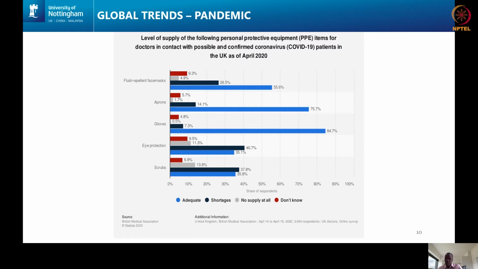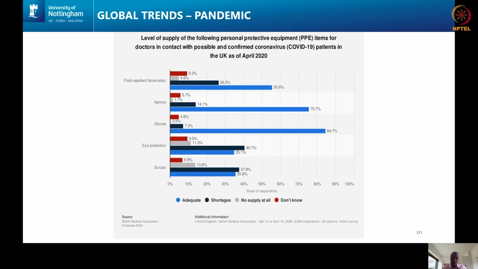As I mentioned earlier, the COVID-19 pandemic has revealed very gaping weaknesses in local supply chain capabilities. As we can see in this report again, presented by Statista, we see shortages in desperately needed personal protective equipment at the inception of the coronavirus in the UK.